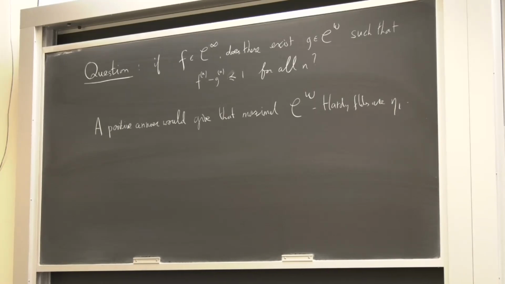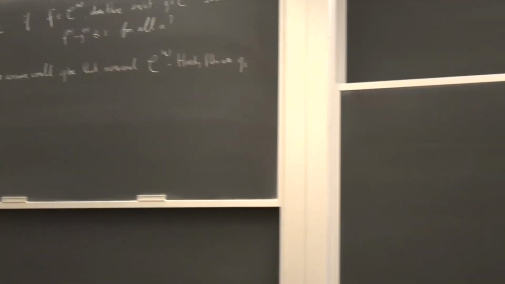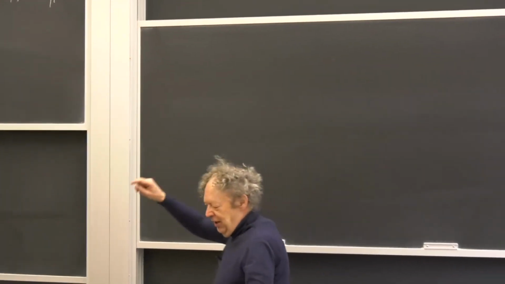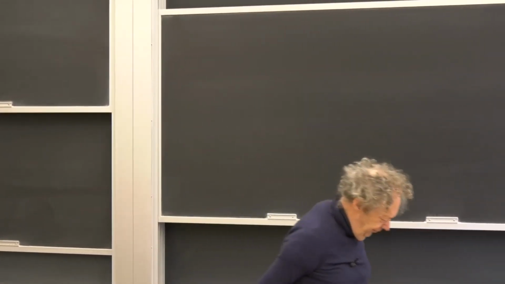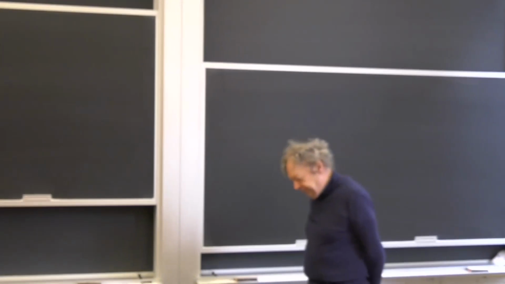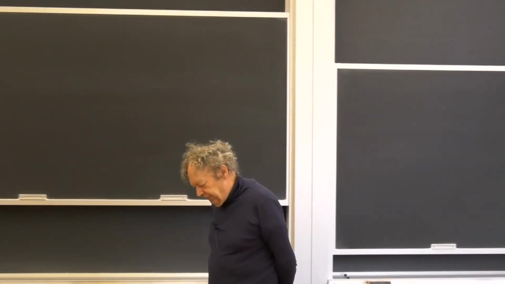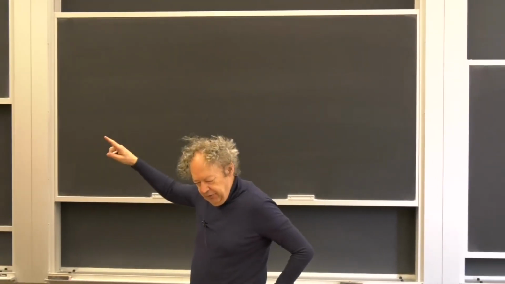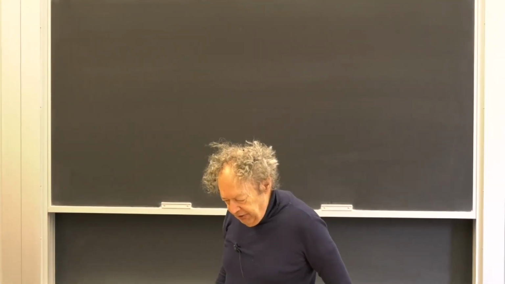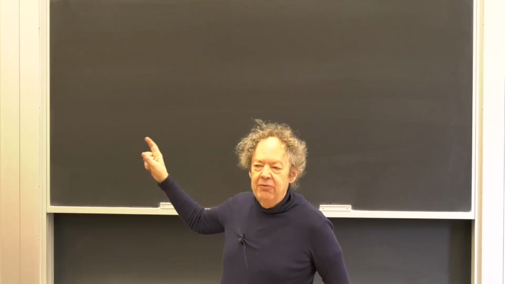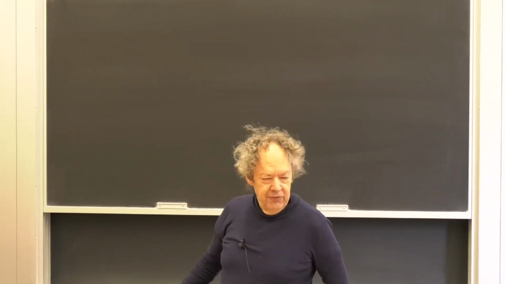So, I mean, it's certainly well known, for example, that a C infinity or even a continuous germ can be approximated by an analytic germ in the sense that the absolute value of the difference is, let's say, less than or equal to 1 ultimately.